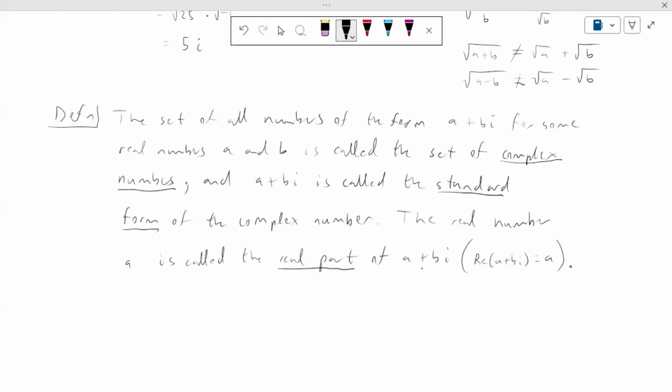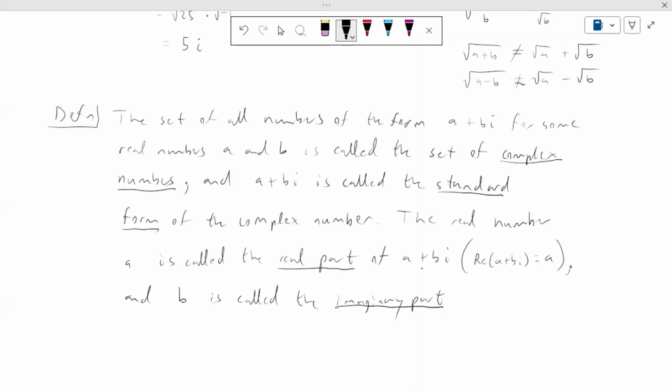And I'll say this: b is called the imaginary part. Not b times i, just b. So that's kind of confusing.